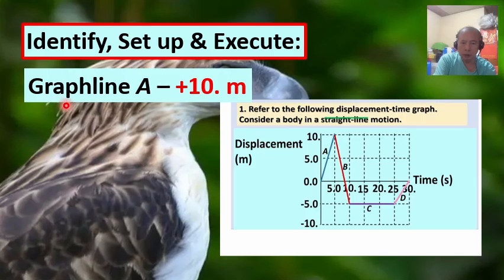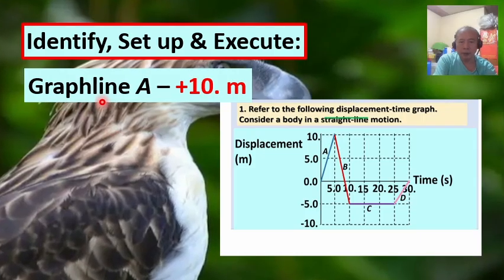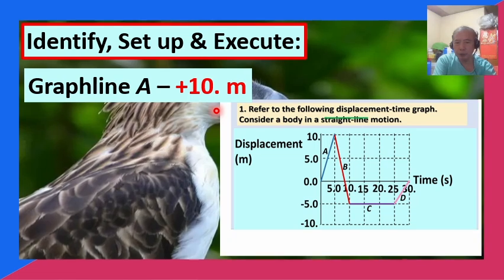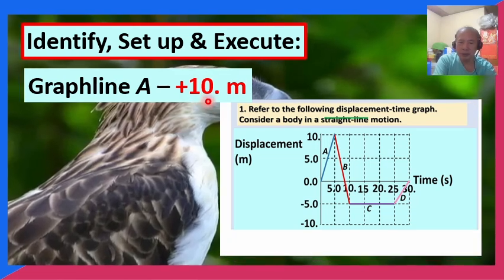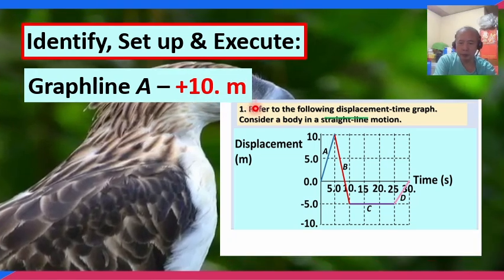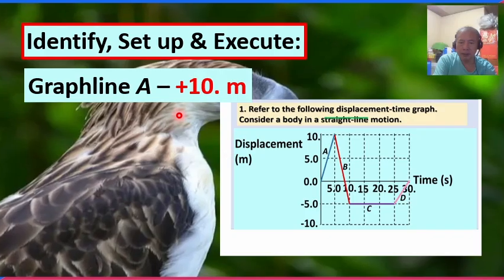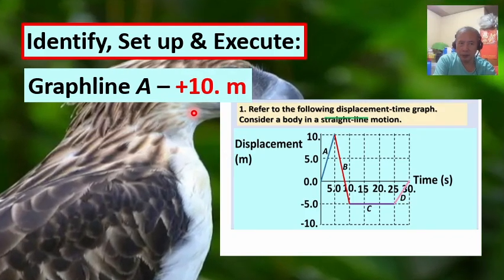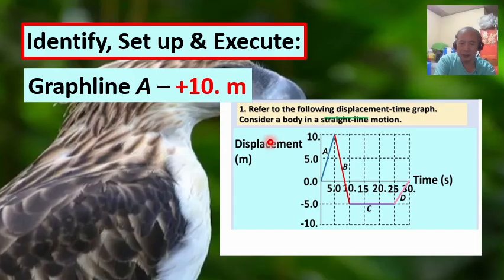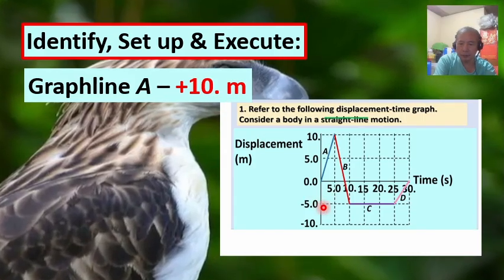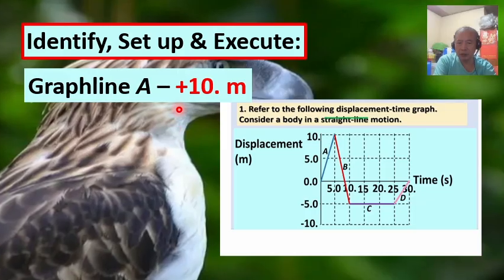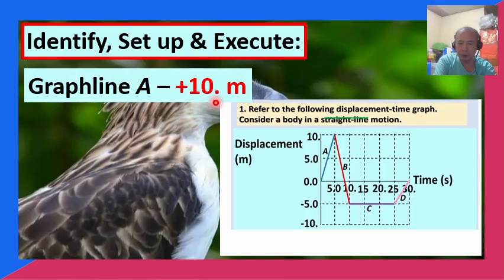So for graph line A, the magnitude of the change in position is 10 meters, and the sign is positive. In other words, the displacement of the body during the first 5.0 seconds is equal to positive 10 meters.